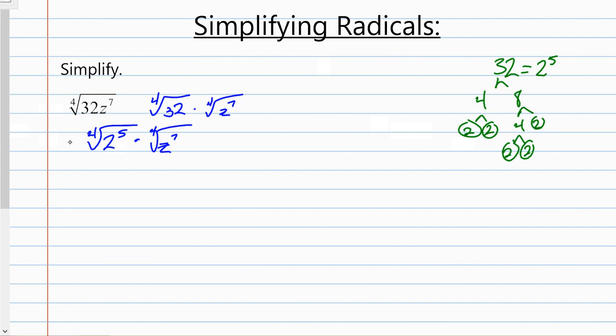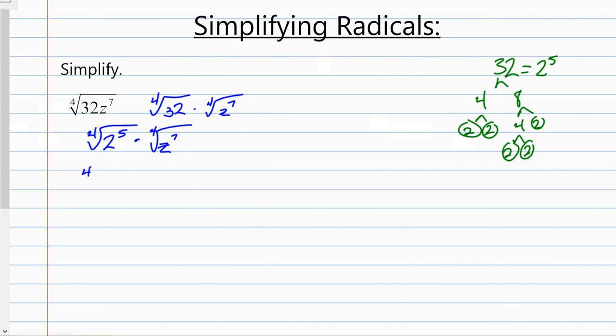And when I'm looking at these numbers, I am trying to figure out how many times that 4 is going to go into that 5, how many times the index is going into the power. So I know that 4 goes into 5 one time with one piece left over. So I'm going to write out that thought process.